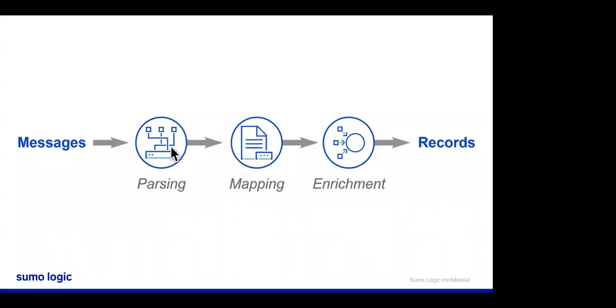By the way, we teach the parsing and mapping process. If you need to do any custom parsing and mapping, we show you how to do that in the Cloud SIEM admin class. So that's where we really focus more on the sources and kind of driving this home. This is designed to be a level 1 class. The admin class is designed to be a little bit more advanced. And then, as I said, we enrich it by going to things like CrowdStrike and other things, do a reverse DNS lookup.